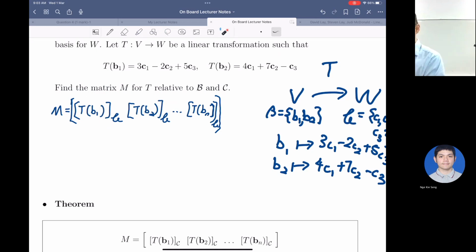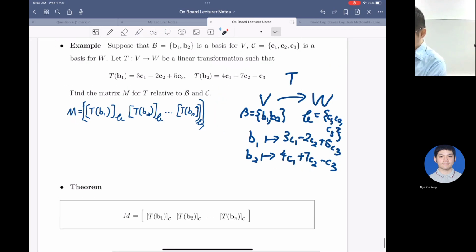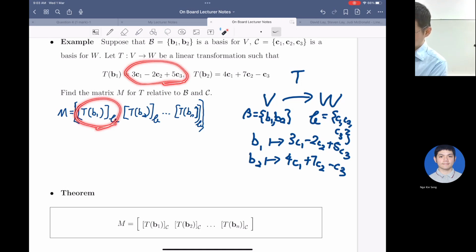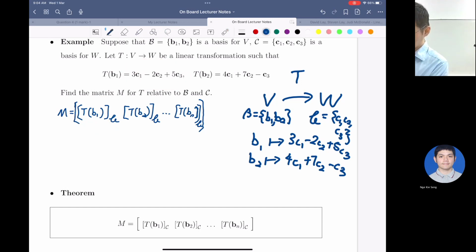First of all, you need to know what T does to the basis element and then express it in terms of C. Here it already tells you how T applies to B. And then you need to change this according to the coordinate vector relative to C. So can you try to work it out? What is M?